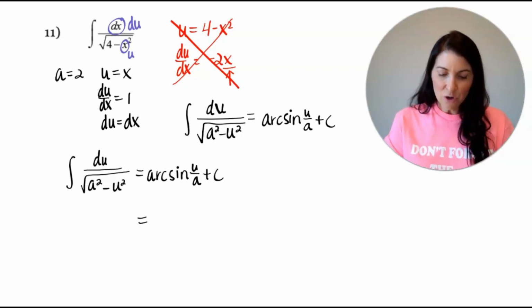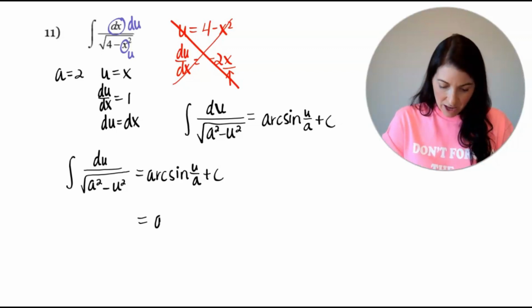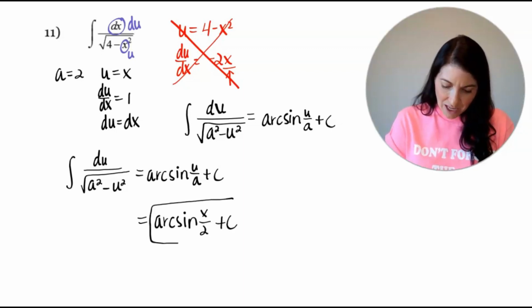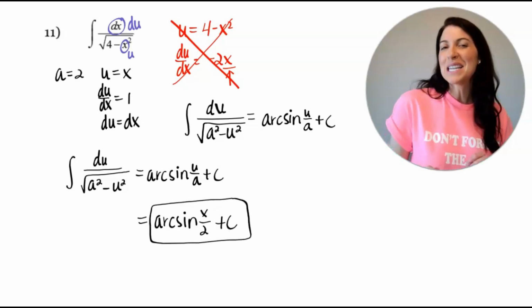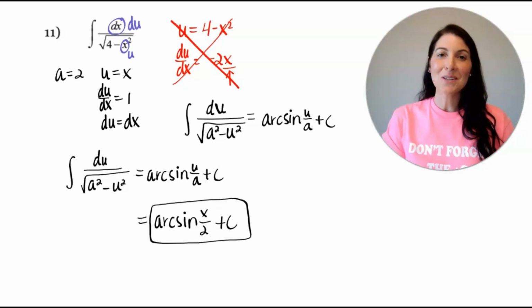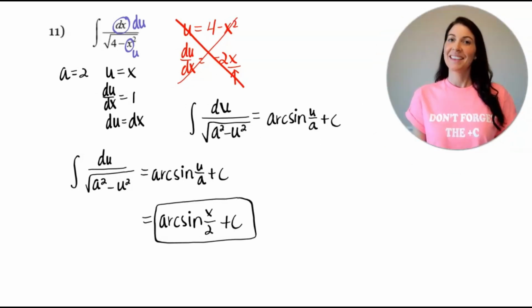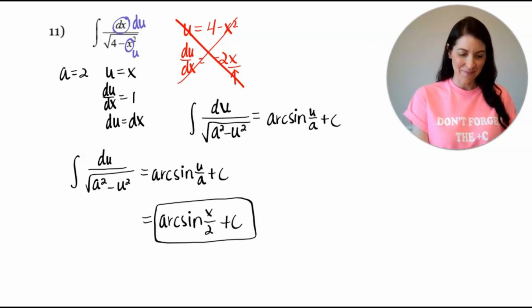And if I substitute back in the u and a that we defined, we would have arc sine of x over 2 plus c. So we need to be careful of that one. This is a sneaky little inverse trig integral because it doesn't work to make what is underneath the radical equal to our u.